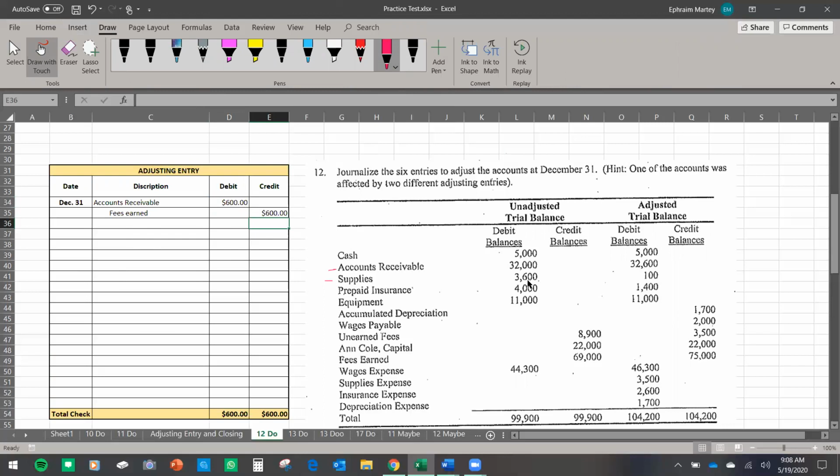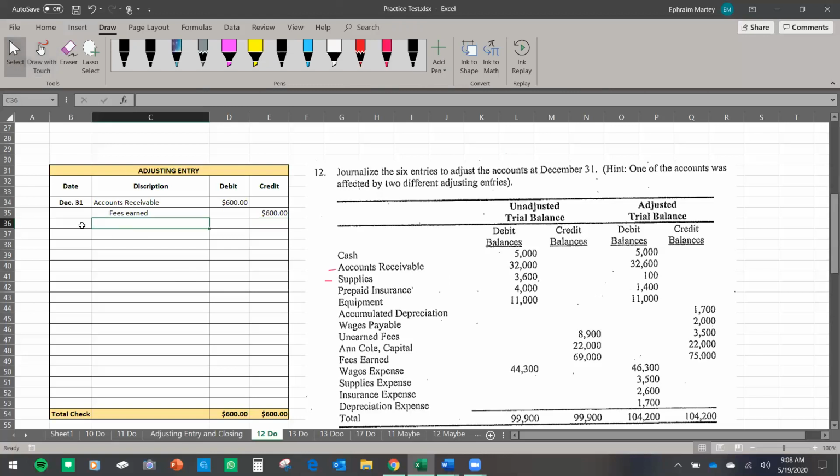What happened to supplies? Supplies was 3,600, but now we have $100. That means we used something in order to reduce it. So how much did we use? Whenever you hear use, it is an expense. So we're going to have supplies expense of the difference, and also we're going to decrease supplies.